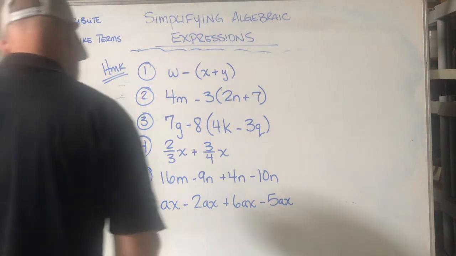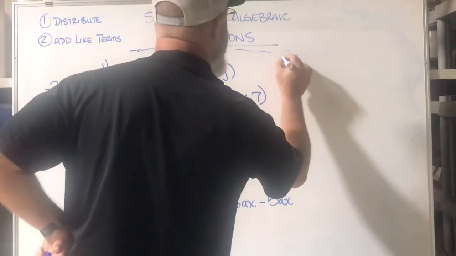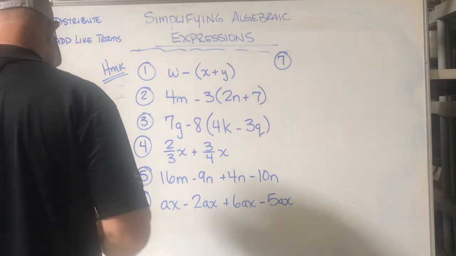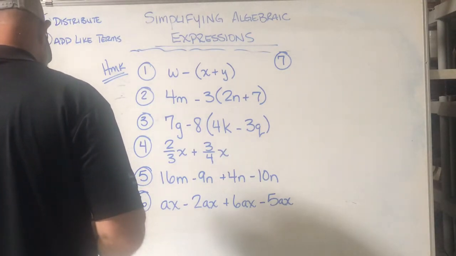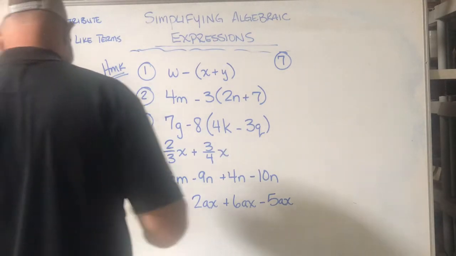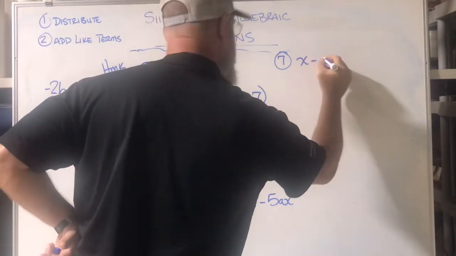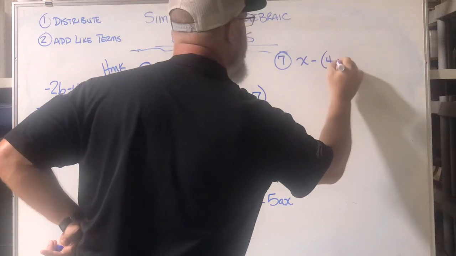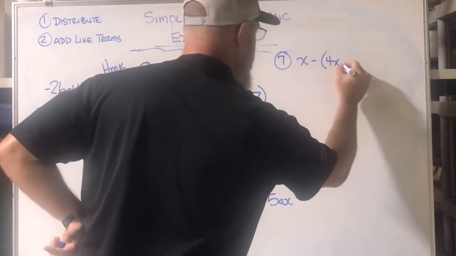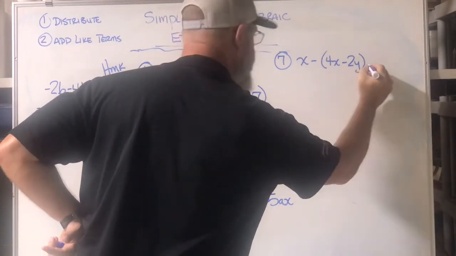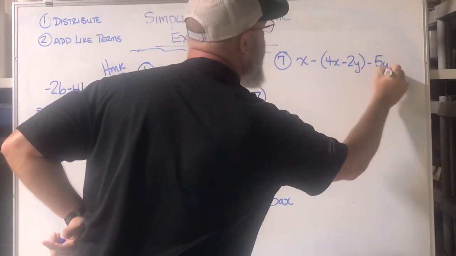Number 7, I would like for you to do x minus 4x minus 2y minus 5y.